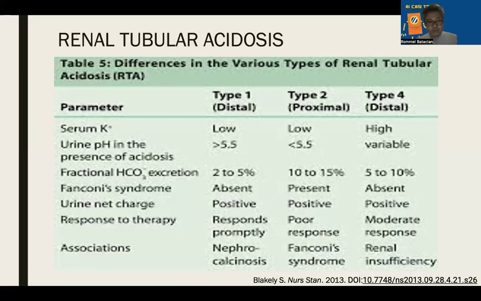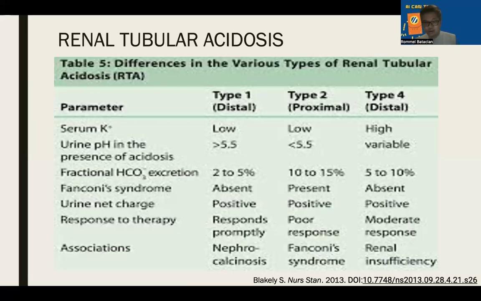In addition to this, the urine pH is high, with a positive urine anion gap, and it could also present with a normal anion gap on ABG. Its treatment is alkali therapy. So you give sodium bicarbonate or sodium citrate. If the patient has hypokalemia, you also give potassium supplements as well.